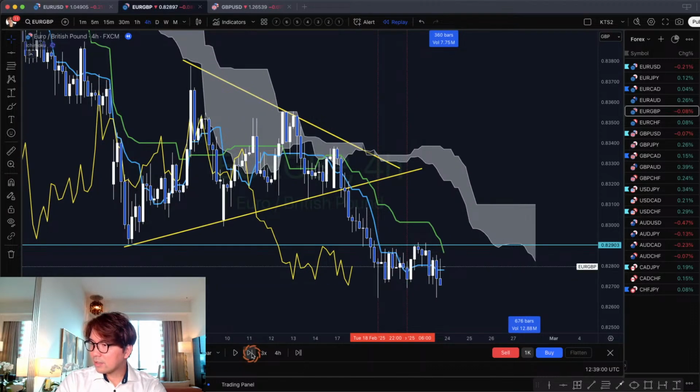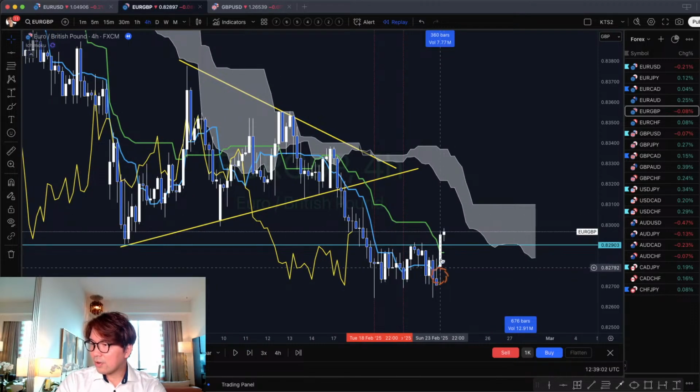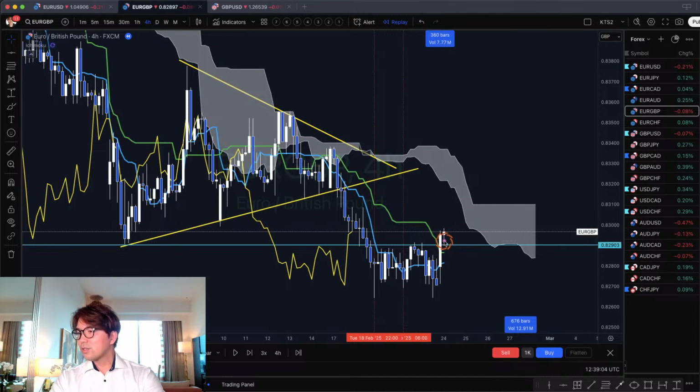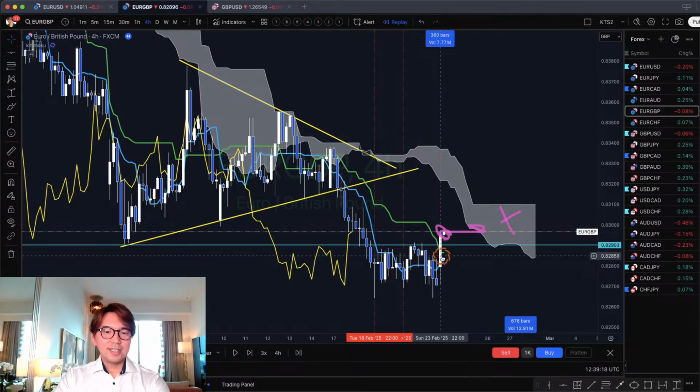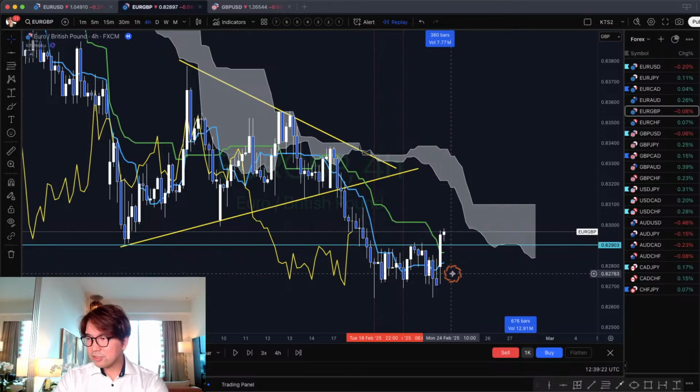Okay, now Kijun-sen. Oh, okay, now it touched the Kijun-sen bullish. So from here, this is complete range. After the breakout of the Kijun-sen, the market becomes range. So definitely no trade from this bar. Until the market broke the Kijun-sen bullish, you are still bearish.